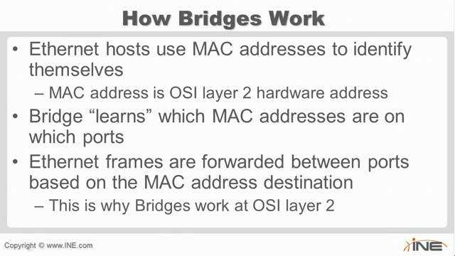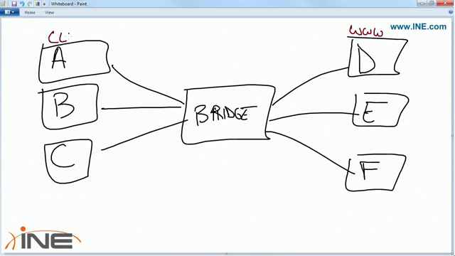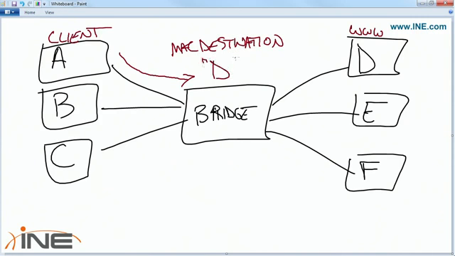So before it can send packets between A and D, if I have my web server here on D and my client is at A, when I try to send a packet in this direction, the bridge is going to look at the MAC address destination, and it's going to say the destination is D, and I know that D is connected on this interface.